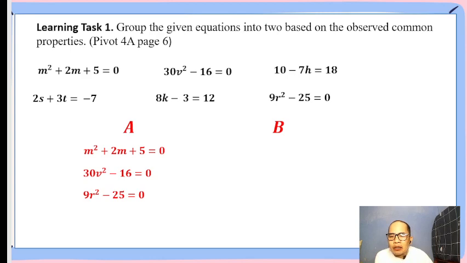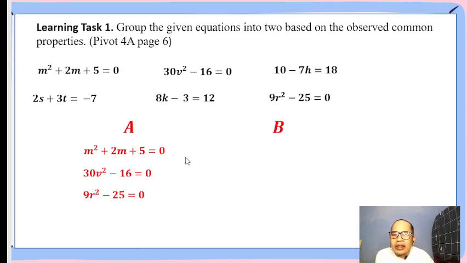So, again, kung ma-observe po natin, the common properties of these equations is that the highest exponent appearing to their variable is 2, or it has a degree of 2 na exponent.